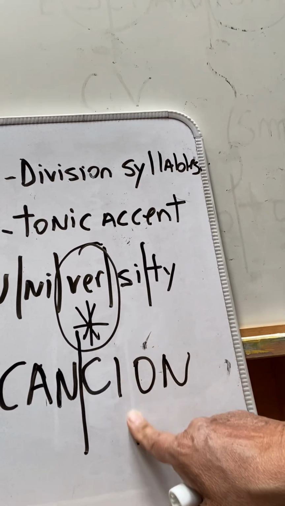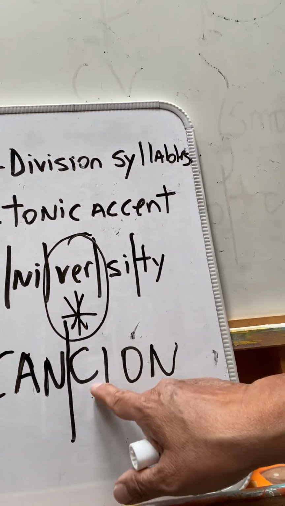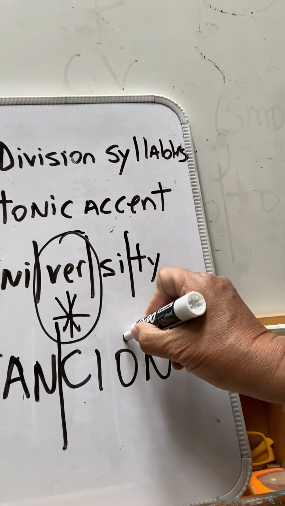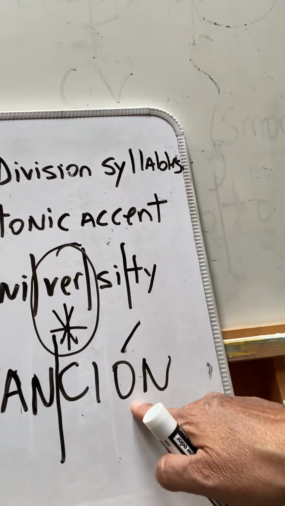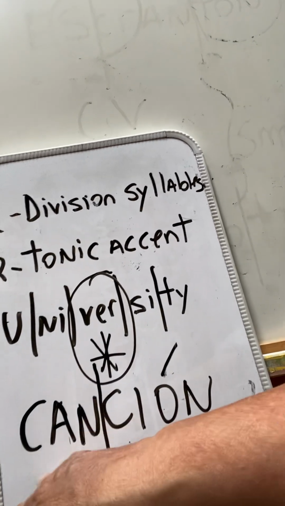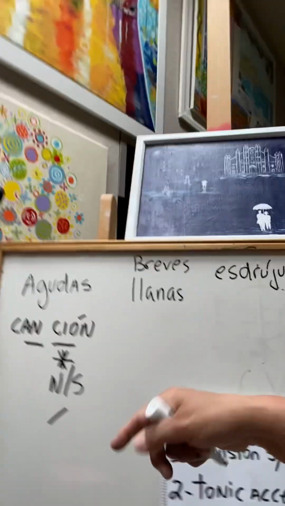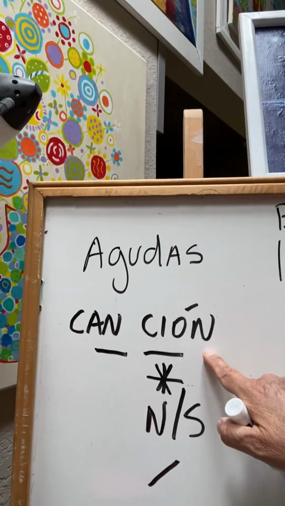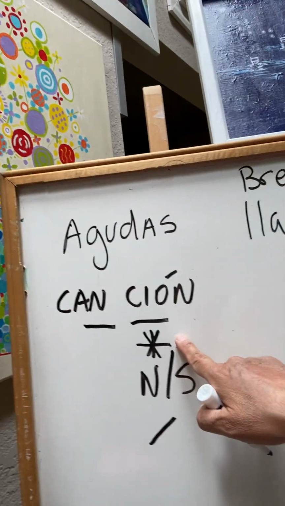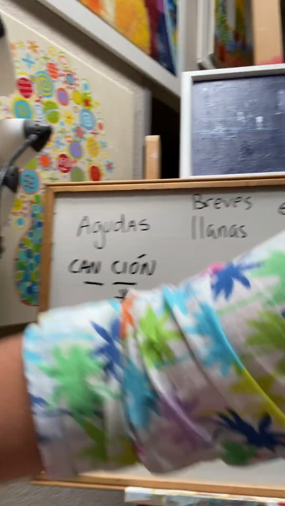Instead, we want this, you see this sandwich right here, which is the consonant, the 2 vowels, and the consonant, but in one effort. So that's why we write the accent in the O. And now it's sion. So you see how that happened. Canción. So now we have it as agudas, and it has an accent because it ends in an N, and the tonic accent is in the last syllable. Okay, so now let's look at the next word.